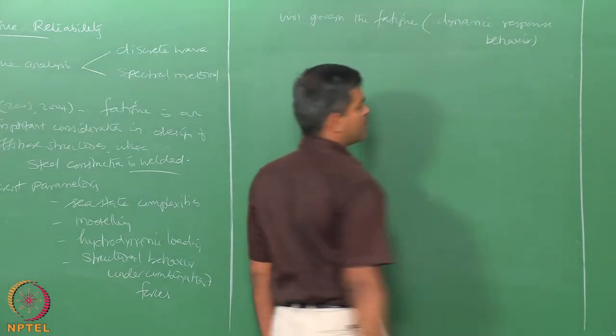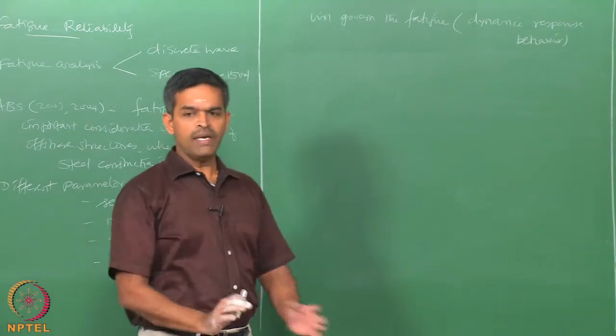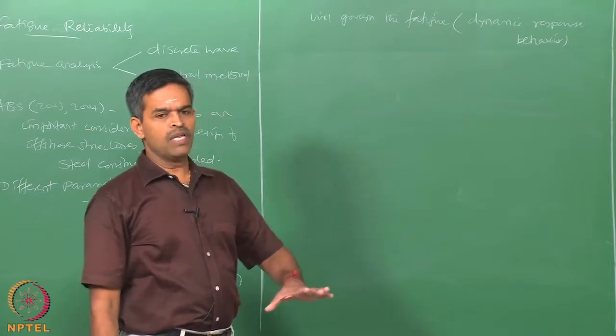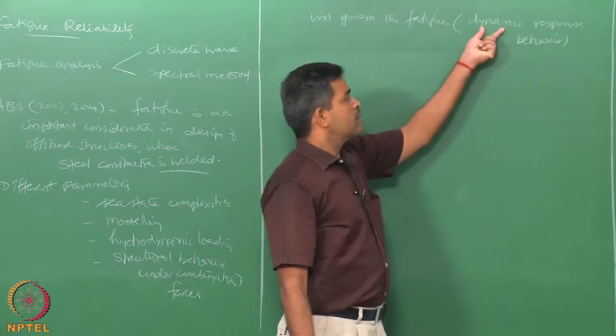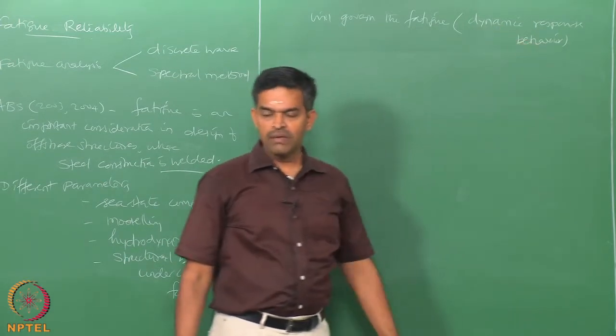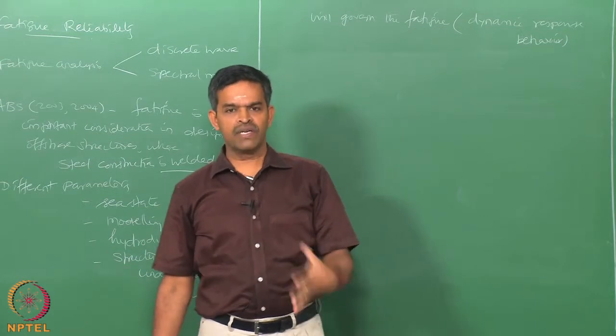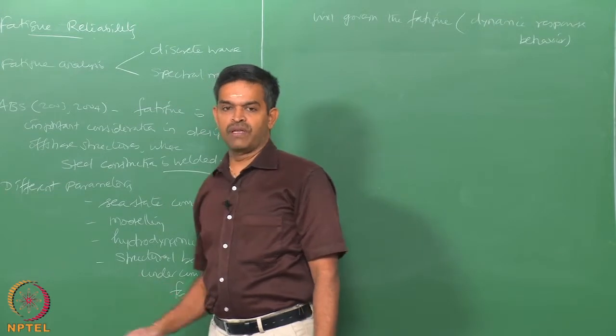So, friends, one can easily understand here that fatigue reliability can be handled with the input variables as a stochastic variable, taking time as an index set, because we are looking for the dynamic response behavior which is predominantly affected by the factors which can result in a fatigue failure.